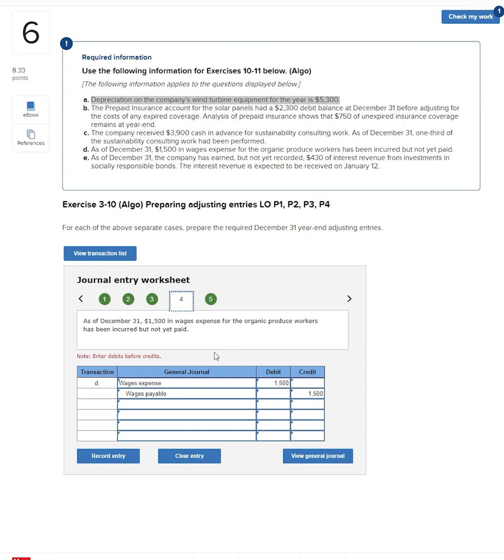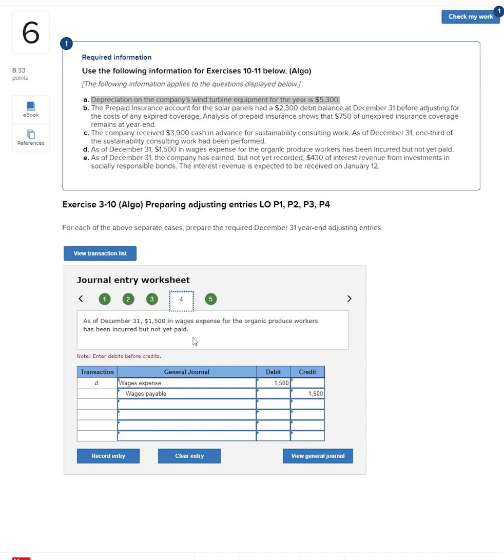In the next one, they say as of December 31st, $1,500 in wage expenses for the organic produce workers has been incurred but not yet paid. So we need to register some money to be paid later for the organic produce workers.